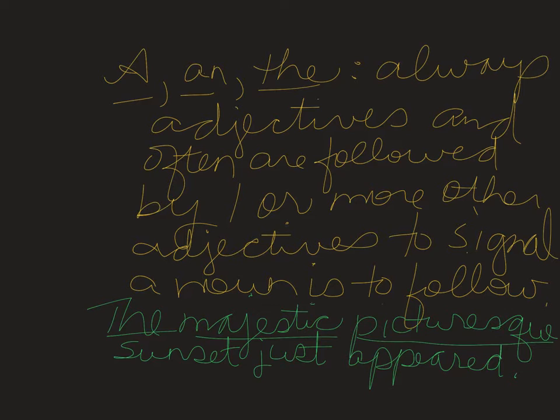They are the first adjectives in a series of adjectives that comes before a noun and describes it, okay? Here's an example. The majestic, picturesque sunset just appeared. All right. The, of course, is your article there, and it is followed by majestic and picturesque, both of which describe sunset, your subject.